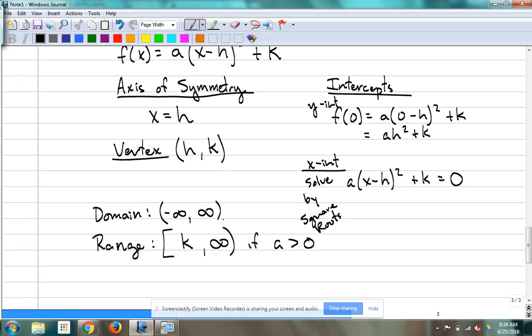Well, it will be a number. k is a number. But that's what you would write. That's the number that would be there, yes. And it's coming from our vertex is where that's coming from. Every time. If a is greater than 0, it's going to be from k to infinity. If a is less than 0, which means it opens down, it's from negative infinity to k.